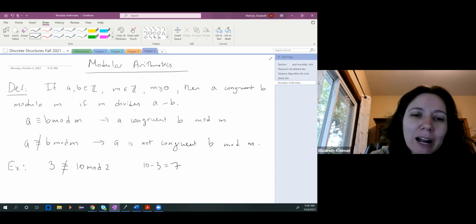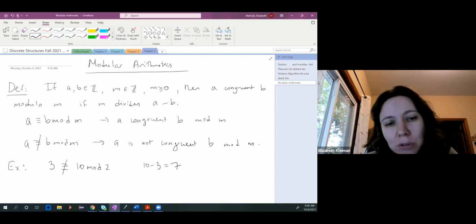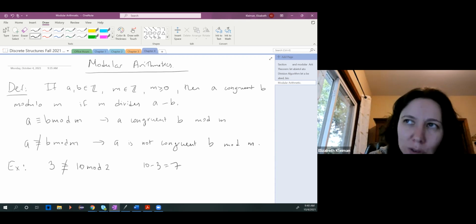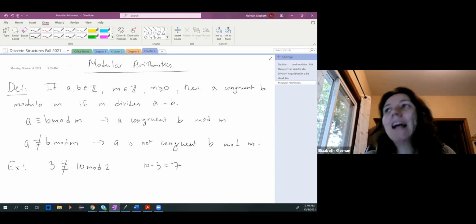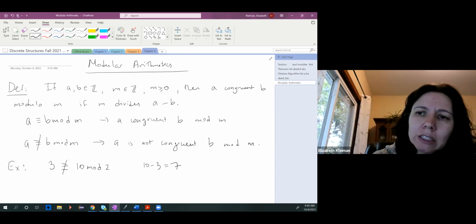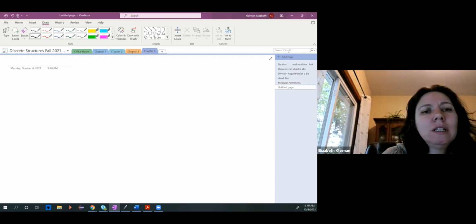So we do not write 3 mod 2 is congruent to 10 mod 2. We just write 3 congruent 10 mod 2. But if you see mod on one of the sides, the same mod has to be on the second side too.